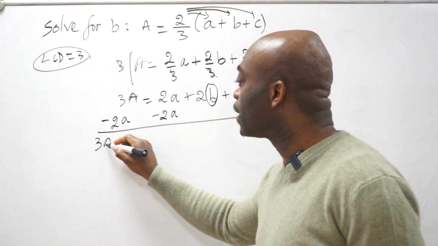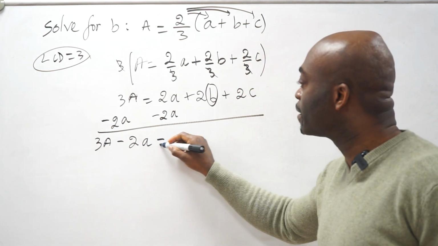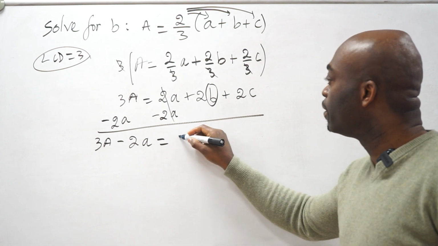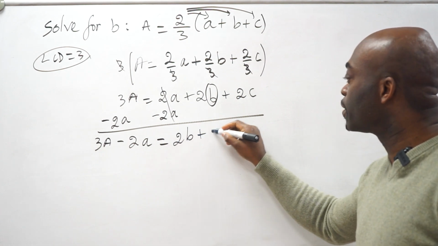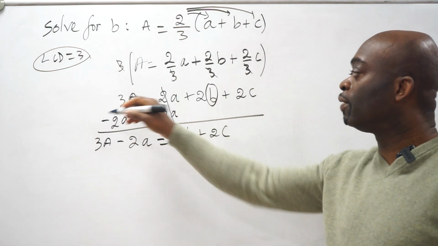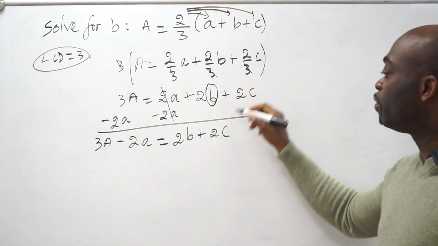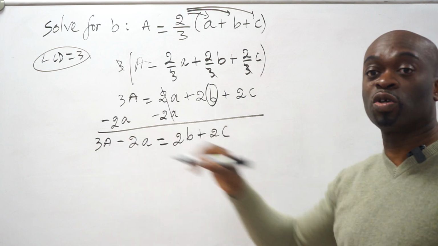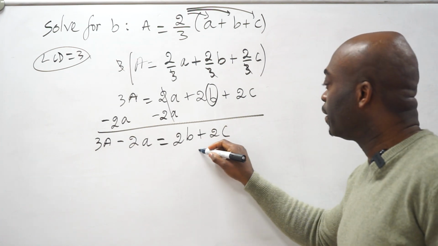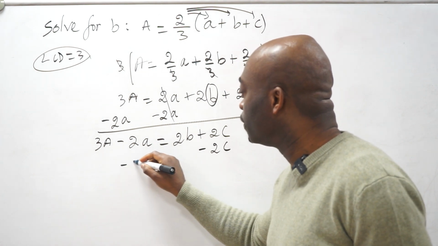We have 3 capital A minus 2 lowercase a. And this is equal to what? Now this is out. This is equal to 2b plus 2c. You see? So that means this one now is on the left side. Now what else do we have left? We have 2c that has to also go. So we just do the same thing. Negative 2c, negative 2c, right?